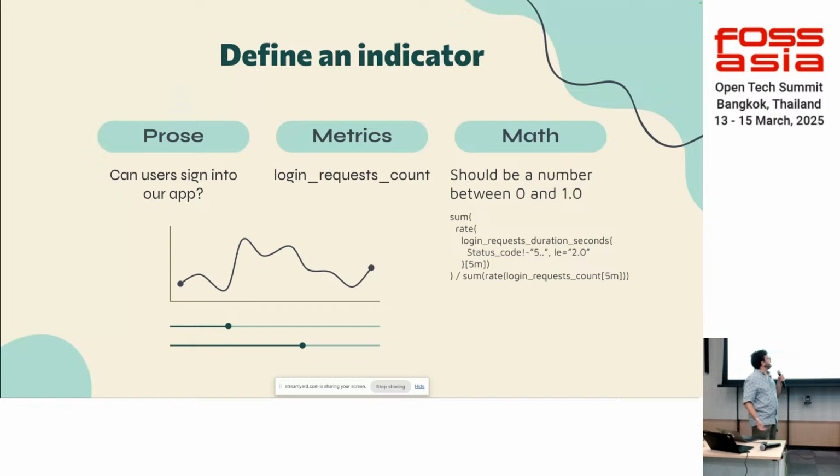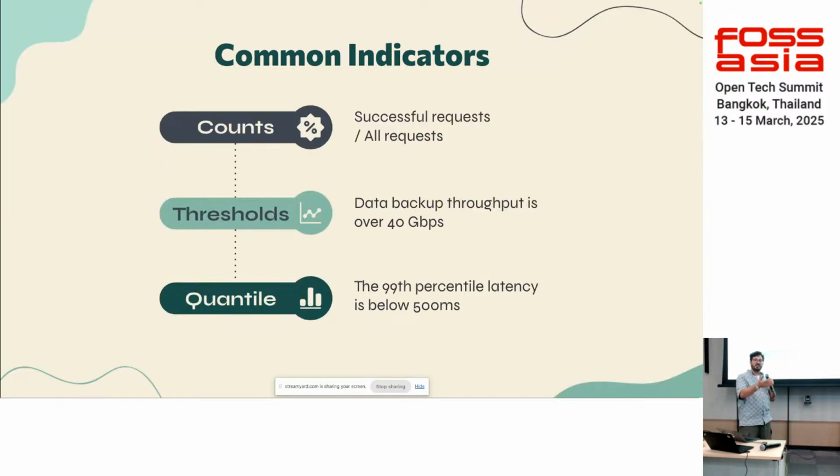Some really common indicators are success rate. In fact, RED metrics are a really great starting source for defining SLOs. An error rate, a general request throughput sort of condition. You may have expectations about how much you're able to push through a job. If you have a continuous data processing job, you're going to want something more like successful and throughput compared to just successful things done.